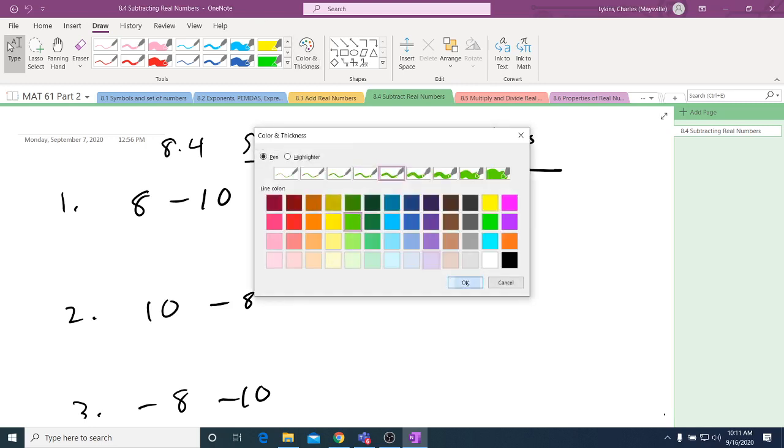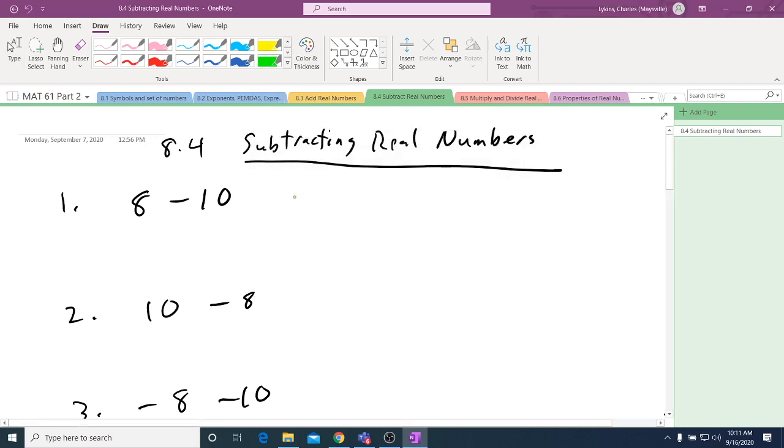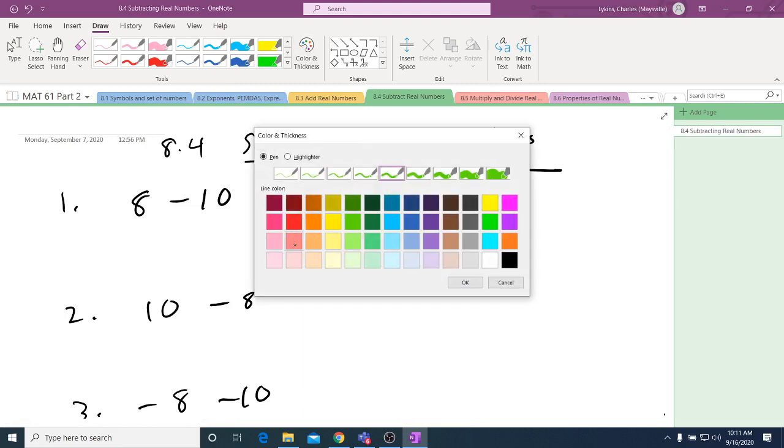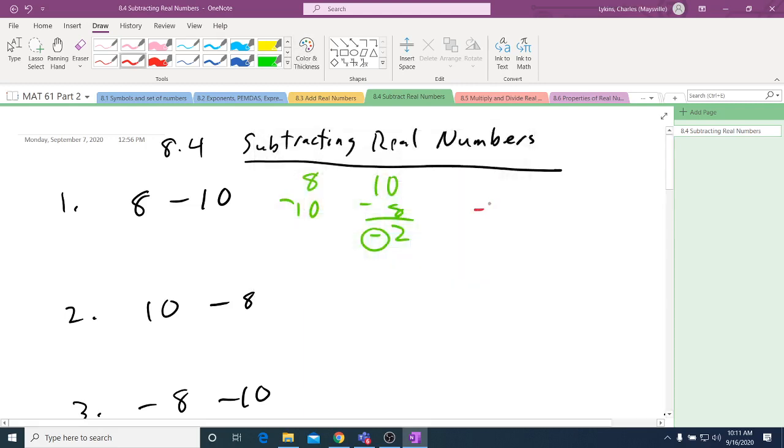So 8 minus 10. Previously I said, okay, let's make the 10 positive, the 8 negative, subtract them, you get 2. But then I'm switching my sign, so that means it's negative. So your first answer is negative 2.